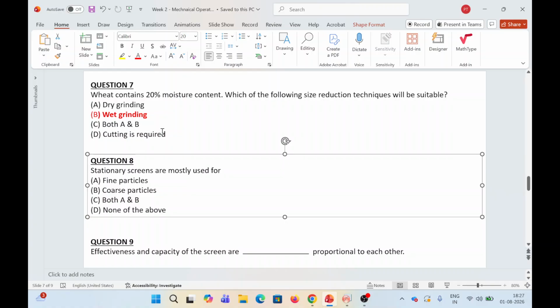So moving screens are used for fine particles, whereas stationary screens are mostly used for coarse particles. So the answer is B.